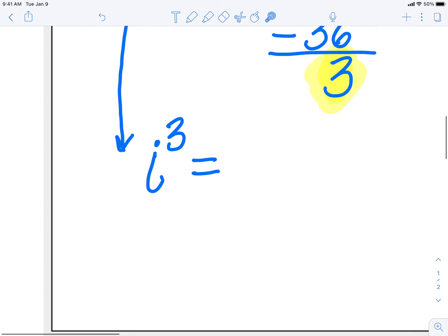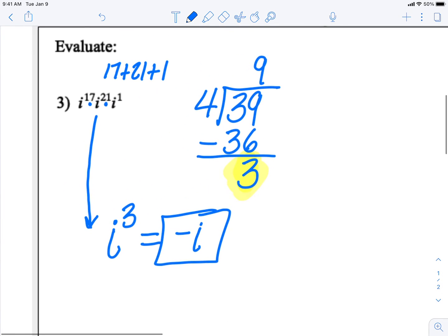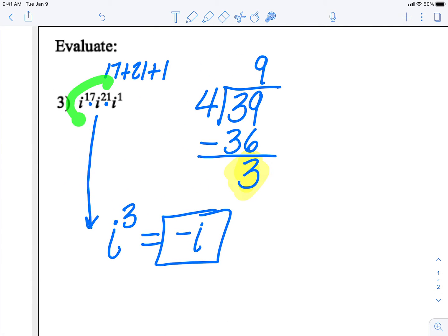So this problem here is negative i. And this is my solution. So all this stuff right here is equal to negative i. Perfect. We evaluated number 3.